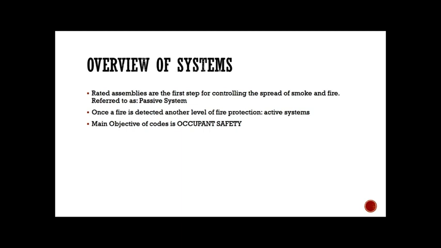That's the first step for controlling the spread of smoke and fire, and it's referred to as passive systems. Now, this particular chapter dictates, once a fire is detected, another level of fire protection activity system. The main objective of all of this, of codes, is occupant safety.